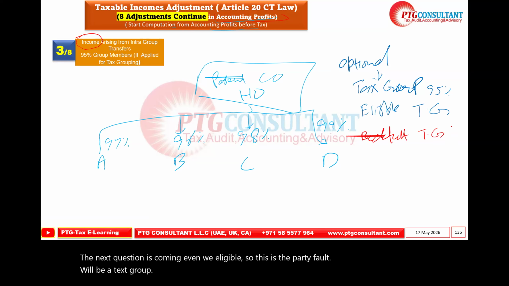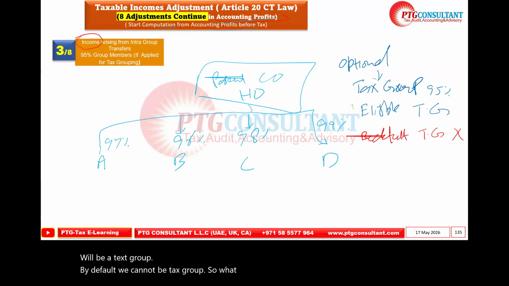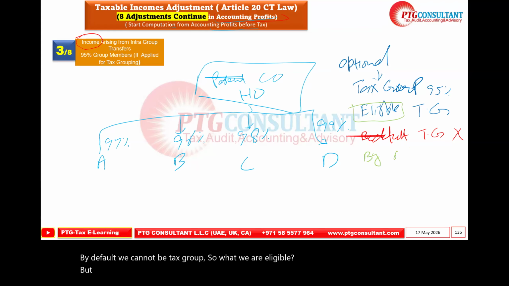No, by default we cannot be a tax group. We are eligible, but it is by application. How will we proceed with the application?